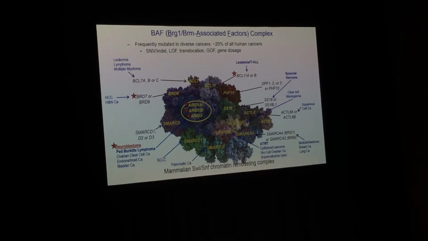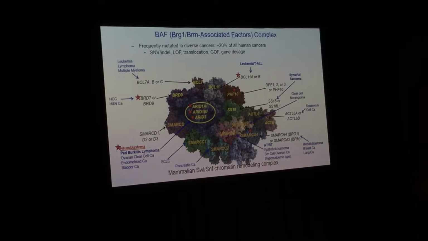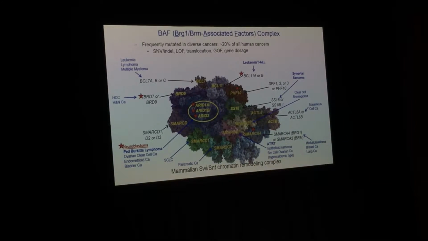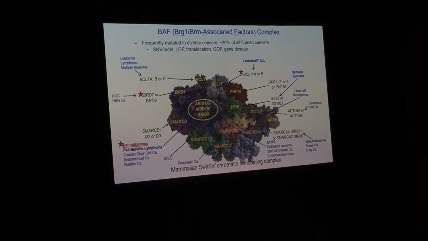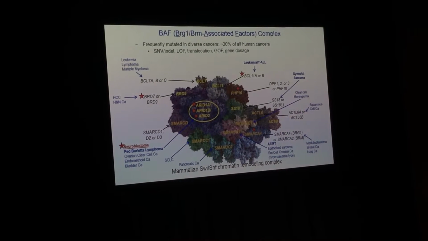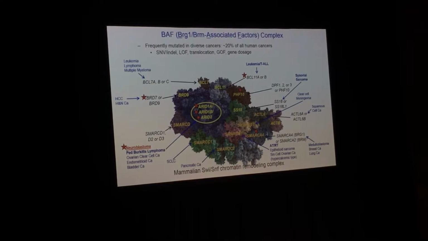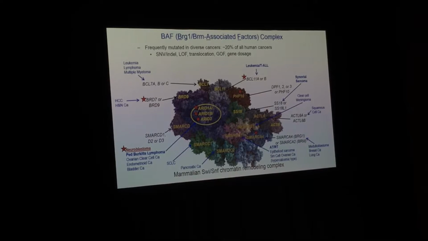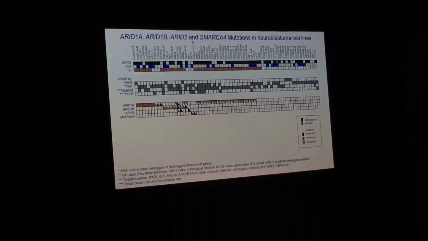The bold ones relate more to pediatric cancers, obviously the atypical teratoid rhabdoid tumors with the SMARCB1 loss of function, and synovial sarcomas with the translocation of the SS18 component, and neuroblastoma highlighted in red with the ARID1A and ARID1B we identified, but I've also starred some of the other members of the BAF complex that were found mutant in some of the other neuroblastoma sequencing studies.